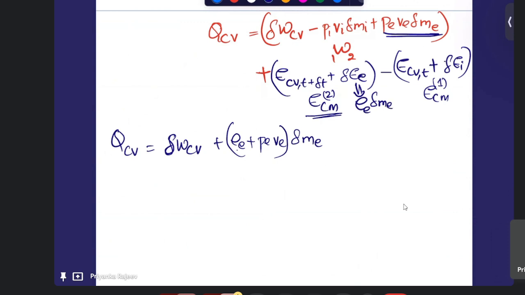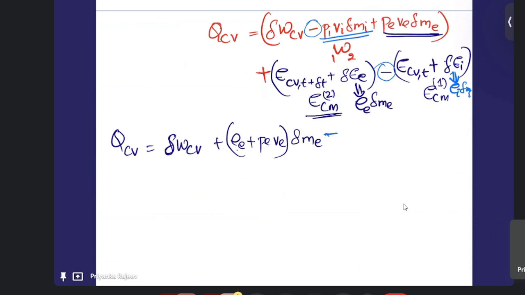Similarly, this term and this EI delta MI, I'm combining. So there is plus and minus. This is plus and this should be minus, because here the minus term is here.